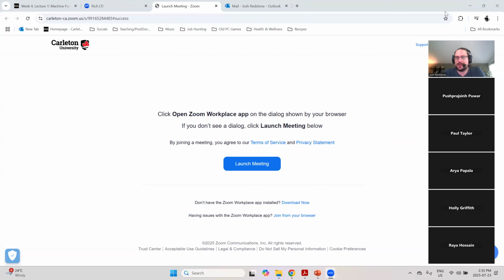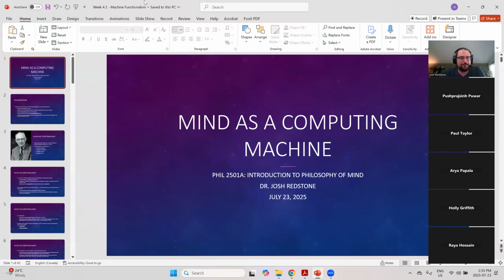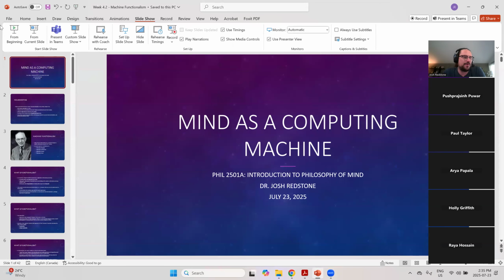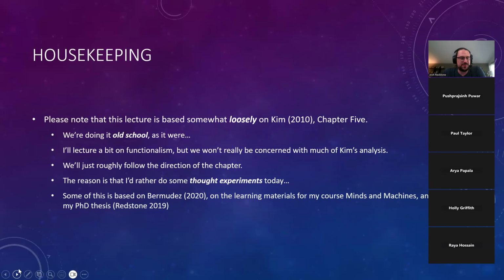All right, so today we're going to talk about machine functionalism, but our approach is going to be a little bit different. I'm loosely following Kim's chapter on machine functionalism, and there's a couple reasons for that. I'm going to be riffing a lot today because this is an area that I know pretty much inside and out.